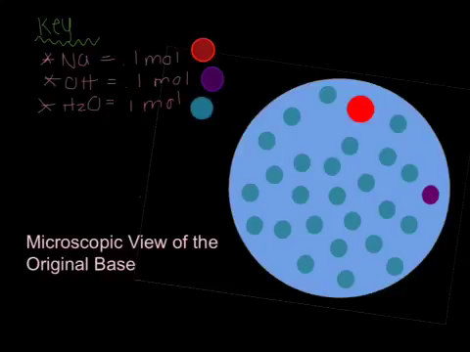This is the actual microscopic view of the original base. All of the blue circles, as said there, represent one molecule of H2O. The red represents Na, and the purple represents OH.